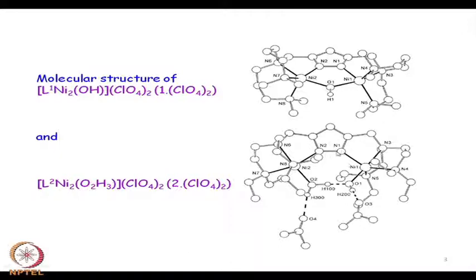That means this bridging unit is so important, and while talking about all these model compounds, you have to have this particular primary coordination site, which is very important. Otherwise, you cannot bind two nickel sites like in your protein structure, because the protein is a very huge system and you have the already made cavity and the other cavity, and those two cavities basically bring two nickel sites close to each other.